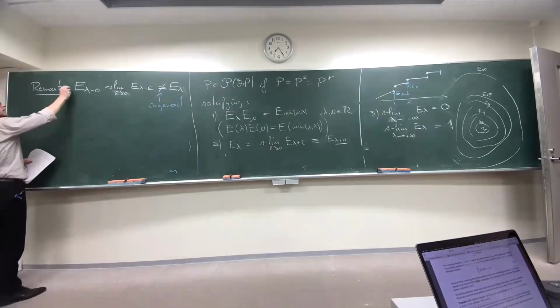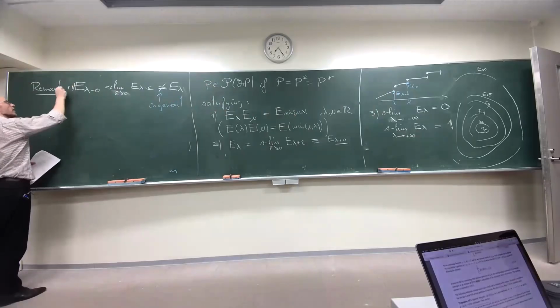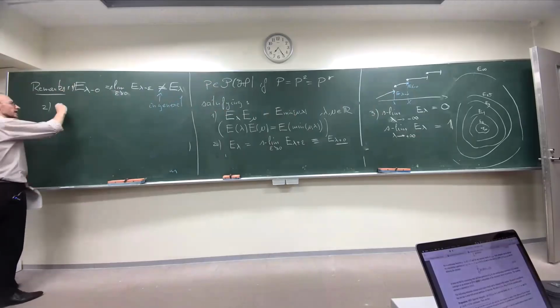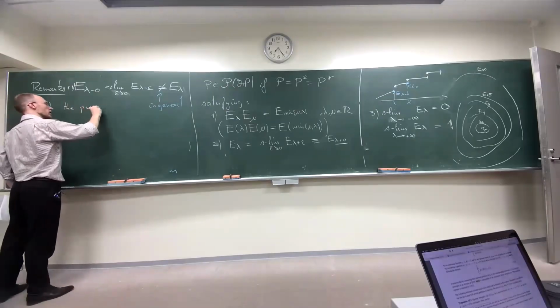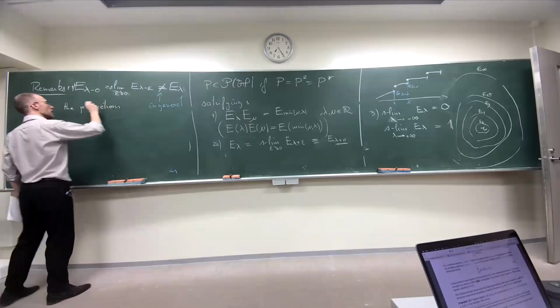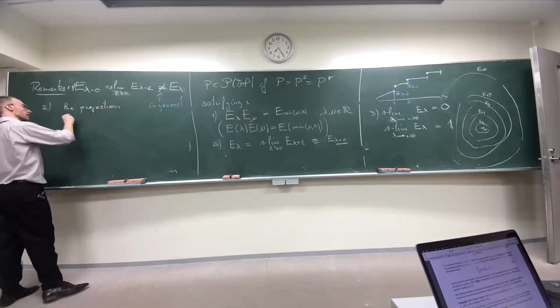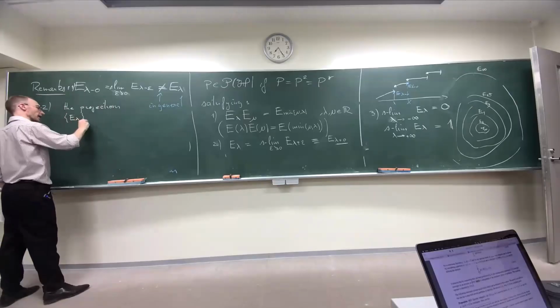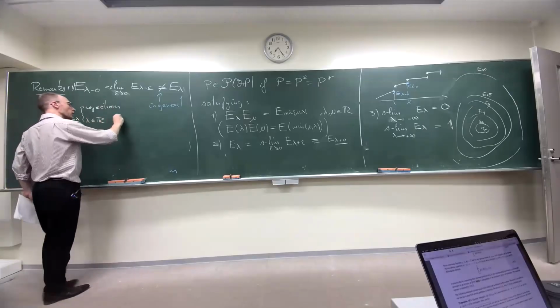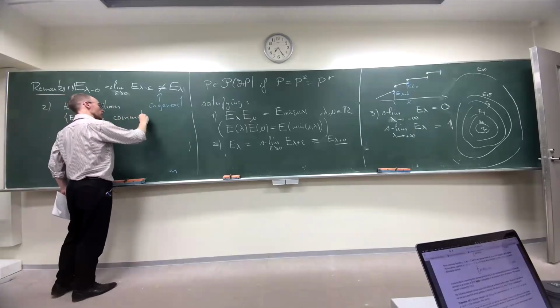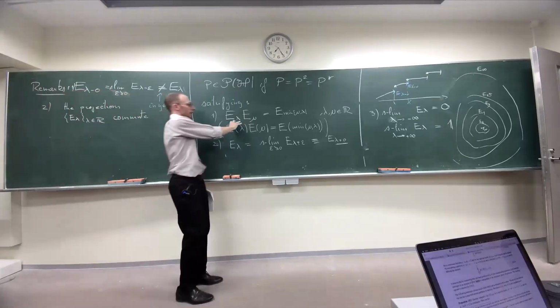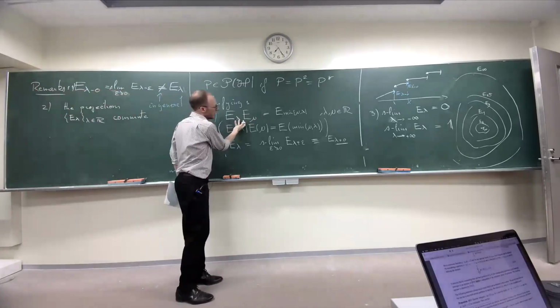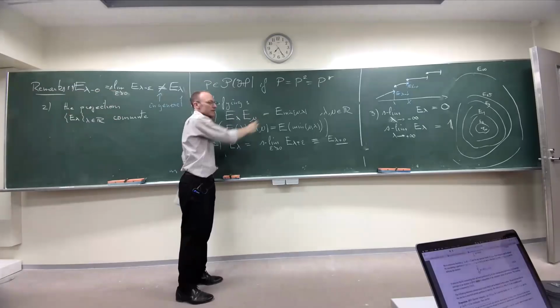Just a second remark. This is remark 1. Remark 2 is that the projections E lambda, for any lambda in R, commute. Can you see that they commute? Yes, take two of them, write this, it's a minimum, write it in the other order, it's still the minimum.